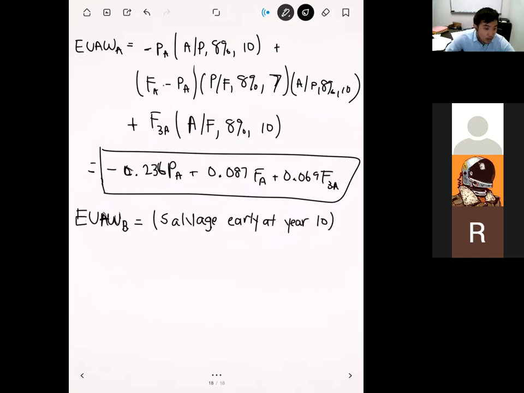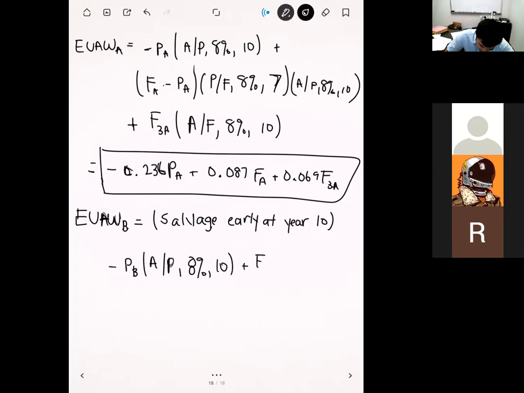The EUAW for option B is going to be simply minus PB times A over P. This is the initial cost, and we're spreading out the initial cost over all 10 years. So we have an A over P factor, 8% and 10 years.